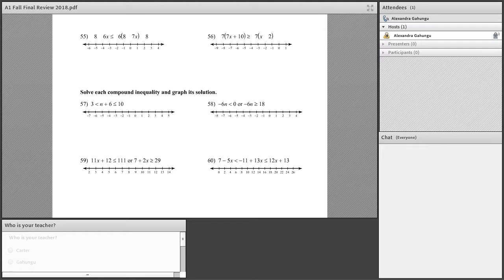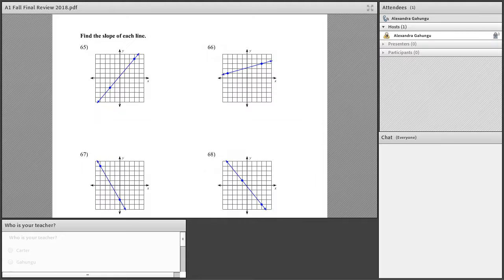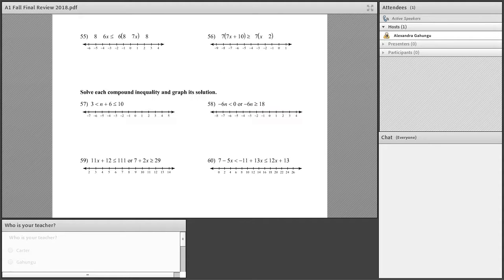All right. When we have compound inequalities, we want to subtract 6 from all sections. So this one's an and, so I'm going to subtract 6 from all parts, and we get -3 and 4.